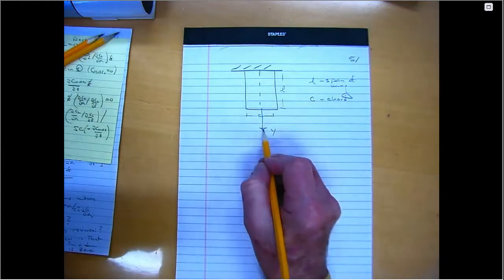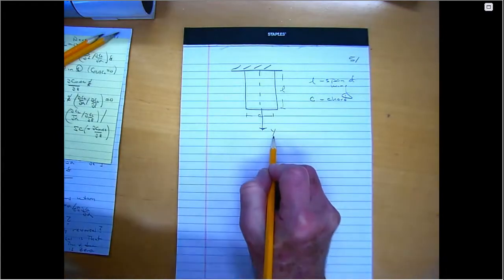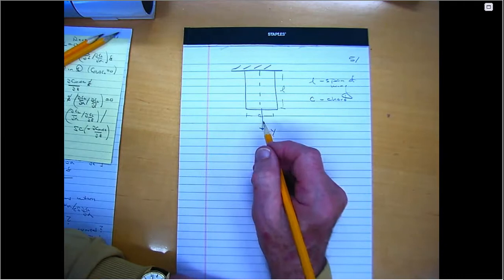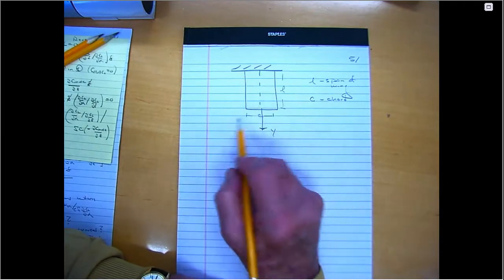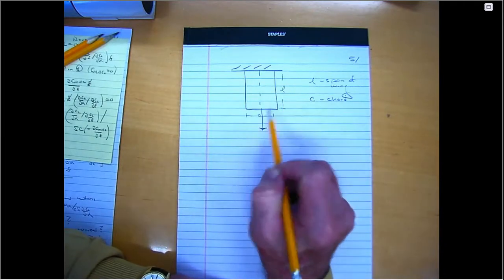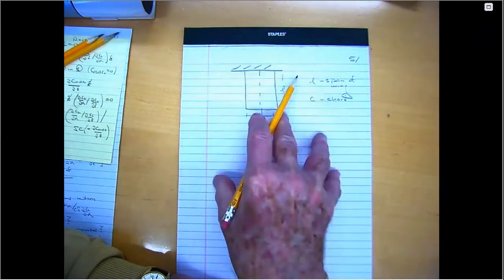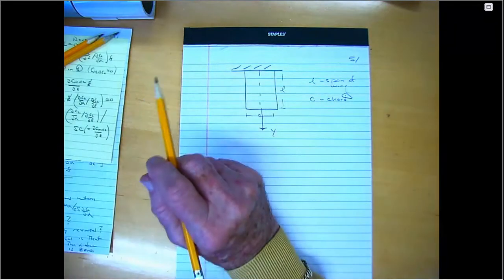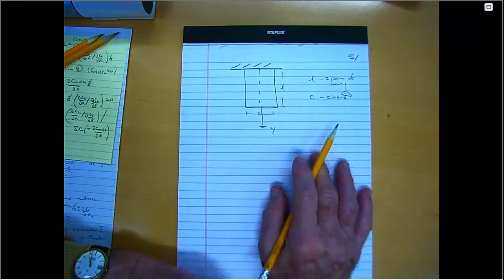We need a model which allows things to vary with y, with the distance along the span. But if L is much larger than C, the primary variation of interest is along the span.